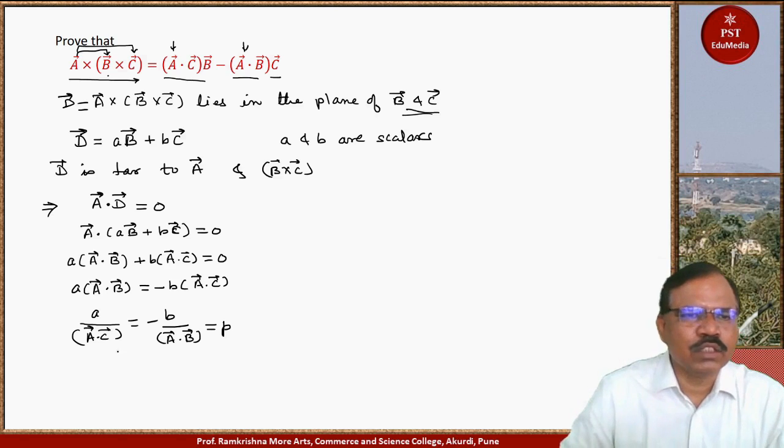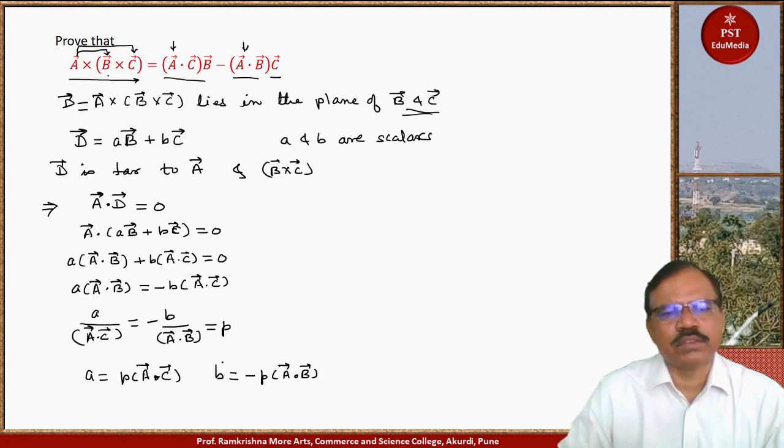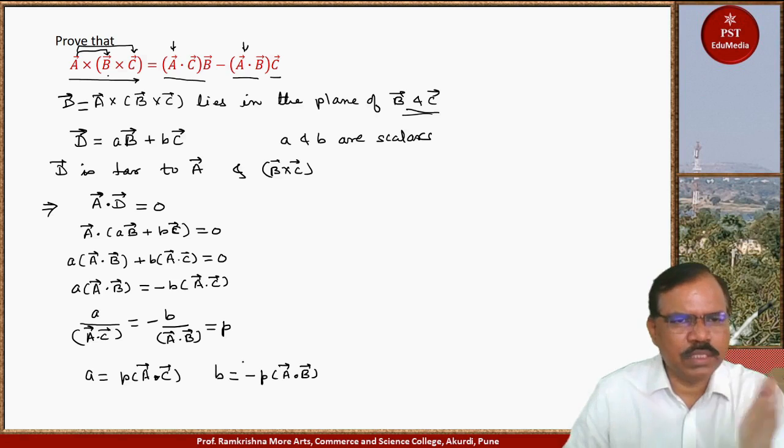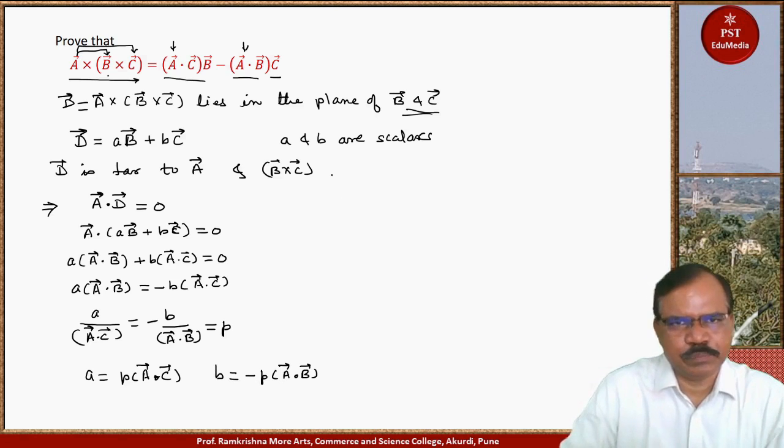So what happens here? I can write A is equal to P into A dot C, and B is equal to minus P into A dot B, vectors.